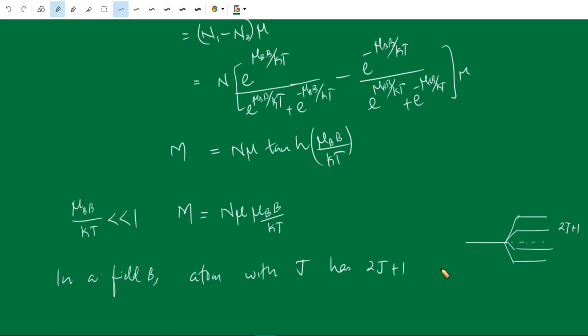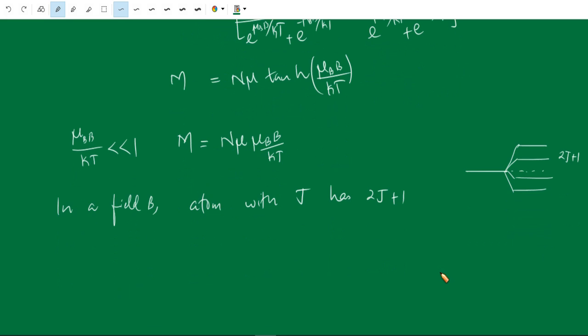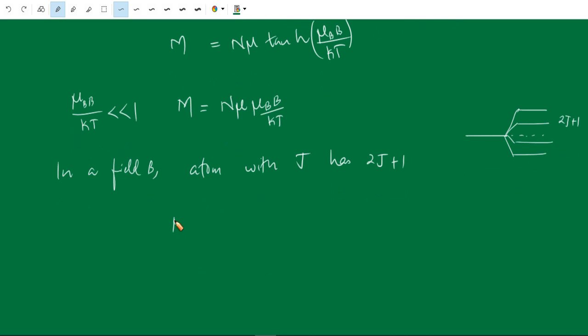Okay. In this case, the magnetic moment mu can be written as, and the potential energy U equal to minus mu dot B, or minus mu_z times B. mu_z is mu cos theta, the Z component of this moment.